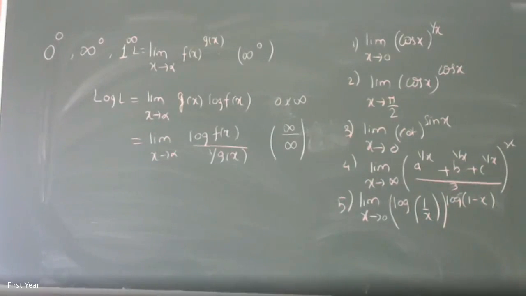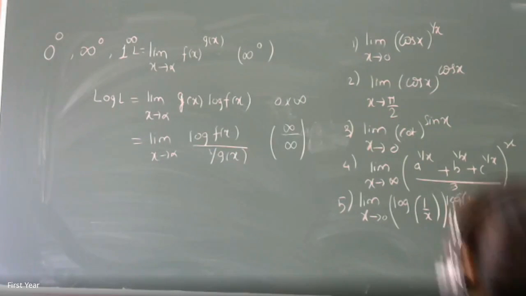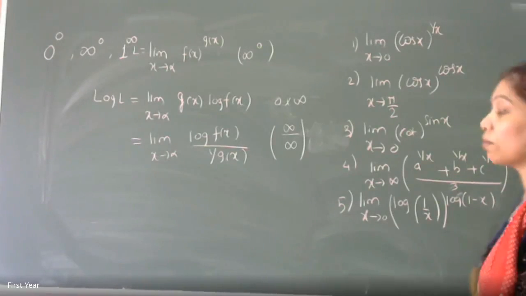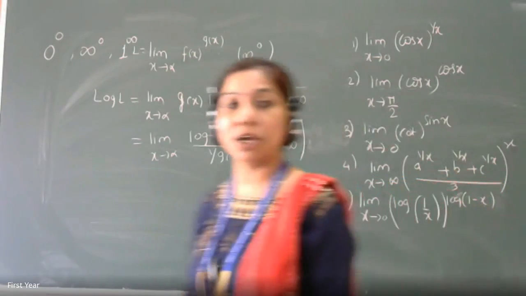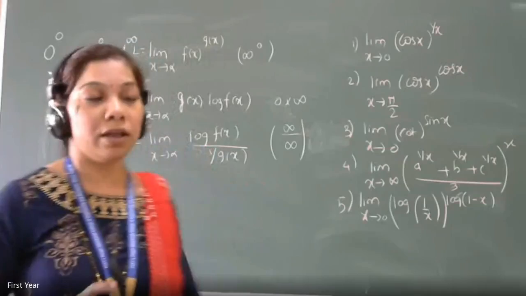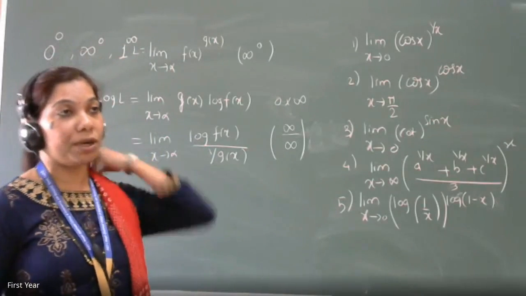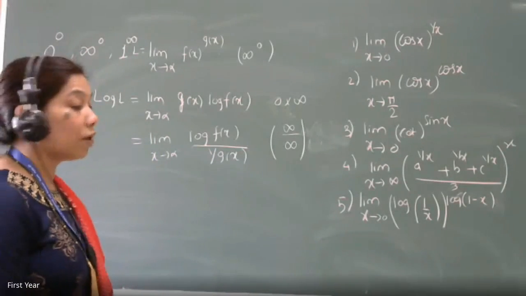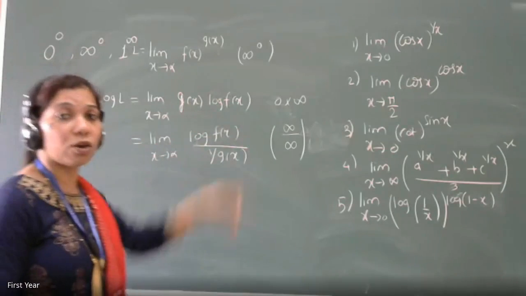Okay. So we'll start with the first one. Then second, third you can solve because they are quite easy, not so difficult. Limit as x tends to 0, cos x raised to 1 by x. Such type of examples are also there in your MCQ. Somebody asked me a question like that yesterday for solving the MCQ. Those are also of this type only.